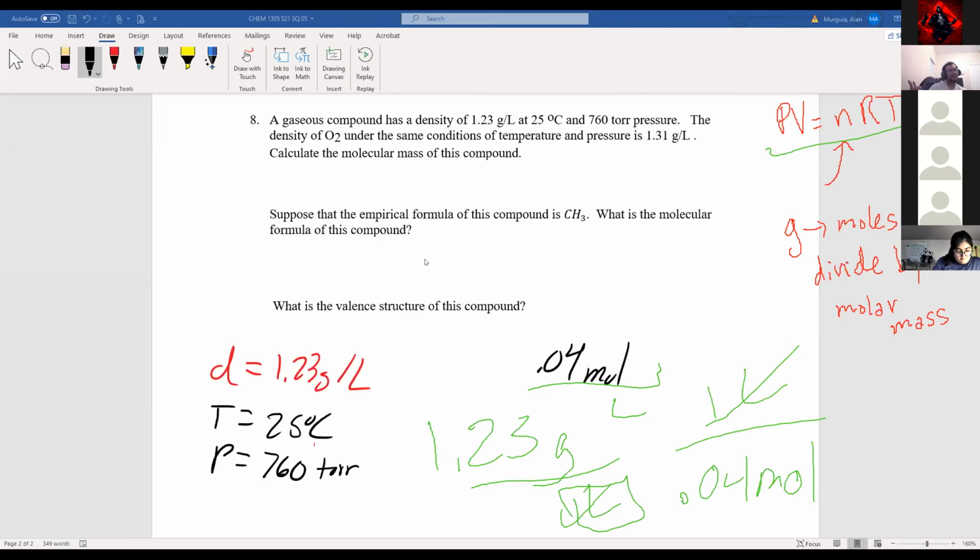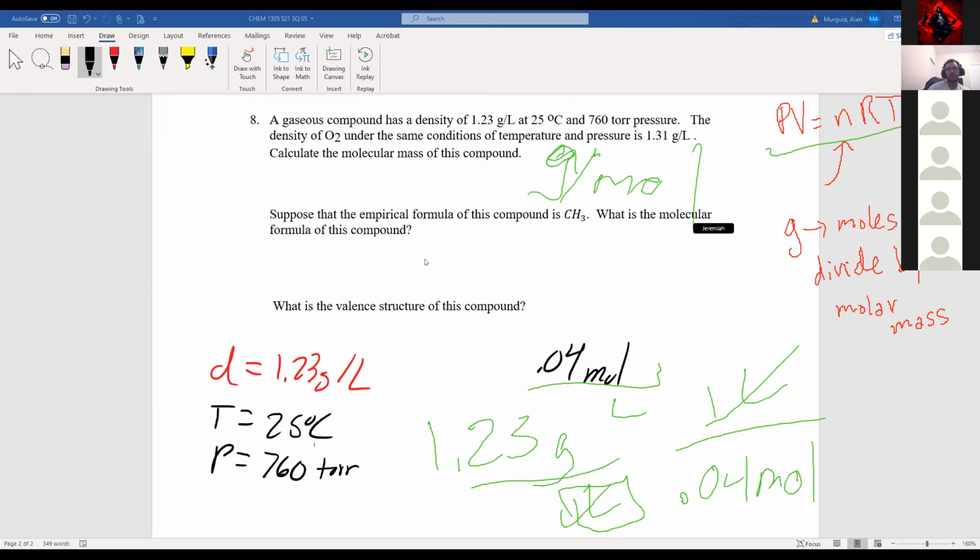Does that make sense to everybody? One more time, please. Okay, so the density that we have initially, that's basically our given. And so we know that 1.23 grams per liter is basically the grams that we have for that compound. In order to find the molecular mass, we know that its units need to be grams per mole.